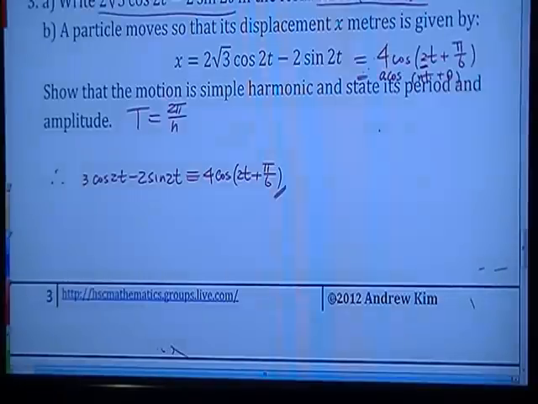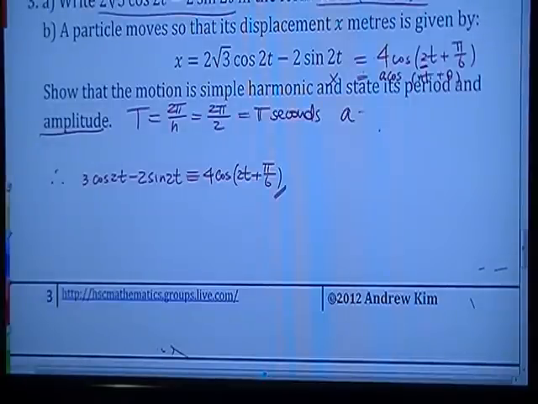You can see there's no number added to it, so your center of motion is at 0. Your n is 2, so that equals 2 pi on 2, which equals pi seconds. And as I said, your amplitude you can just read off there, it's just 4.